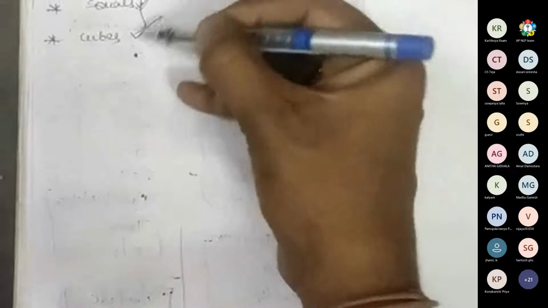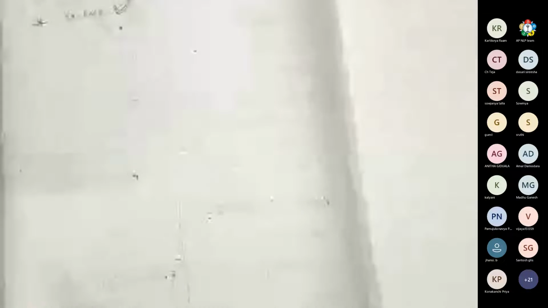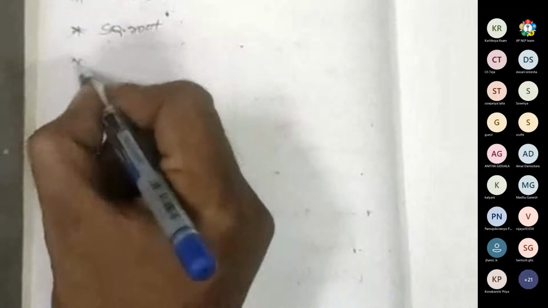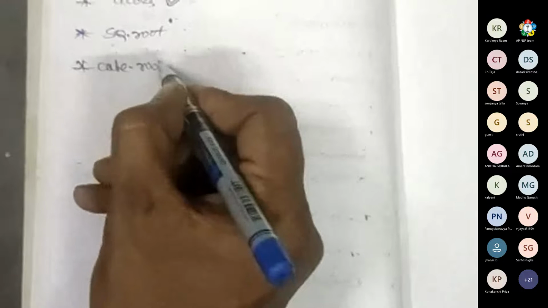For simplifications, you should know tables, squares, next cubes. You should have all this knowledge. And you should know how to calculate square root and cube root also.